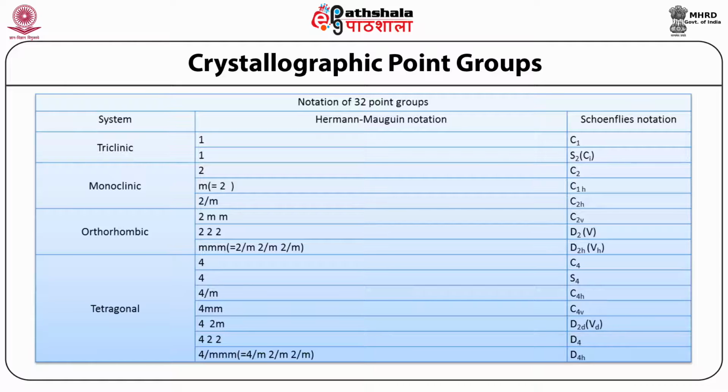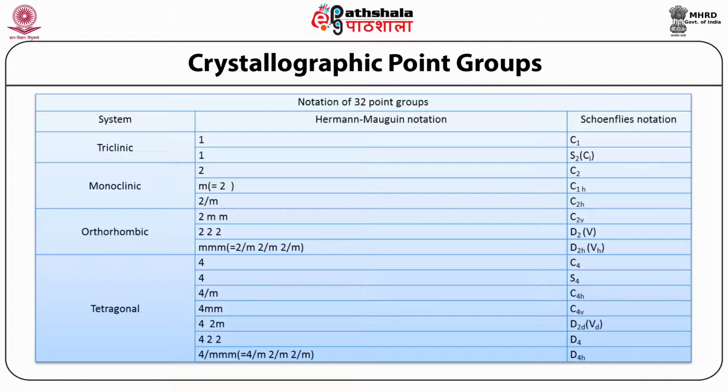Corresponding to it in Schoenflies notation, it is capital C subscript 4H, then 4mm. Its corresponding Schoenflies notation is capital C subscript 4V, then 4 bar 2m under HM notation. Its corresponding Schoenflies notation is capital D subscript 2D within brackets capital V subscript D. Then the other HM notation is 422, in Schoenflies notation, it is capital D subscript 4.